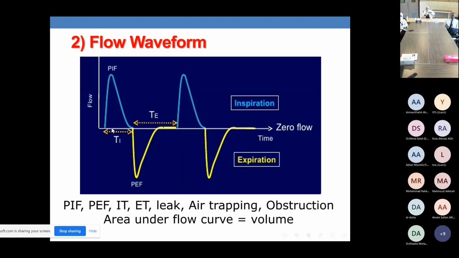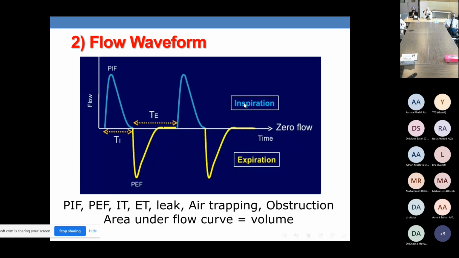Now in the flow waveform, the importance, as we said, is the peak inspiration and the peak expiration, and the inspiratory time and expiratory time. It should start at 0 and end at 0 in the inspiration, and start at 0 and end at 0 in expiration.